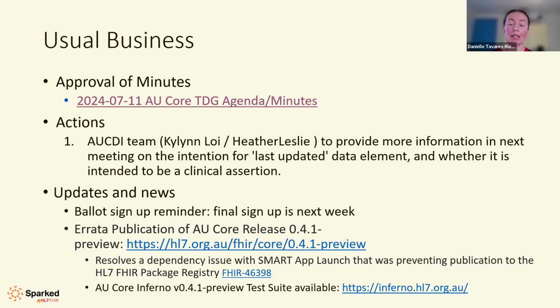And Heath raised a request to get some clarification on the intention for last updated and if that was intended to be a clinical assertion. Now, what I'd like to do is, because that's the next real item for us to do, is to have that update come and that confirmation, I guess, from Heather to talk to that when we begin the last updated discussion.